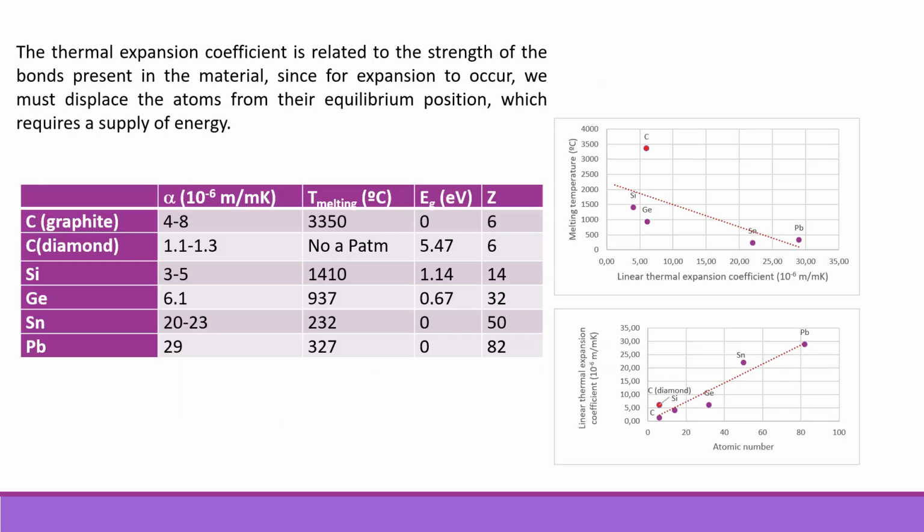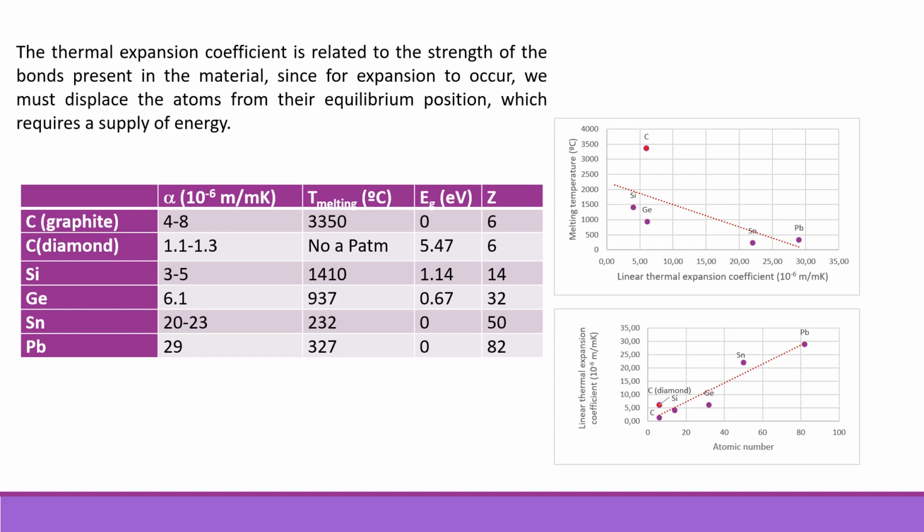And in the graphs here, you have some other examples about, for instance, melting temperature and linear thermal expansion coefficient, represented for all elements in the carbon group: alpha, the linear thermal expansion coefficient, melting temperature, and the band gap in the cases in which we have a band gap.